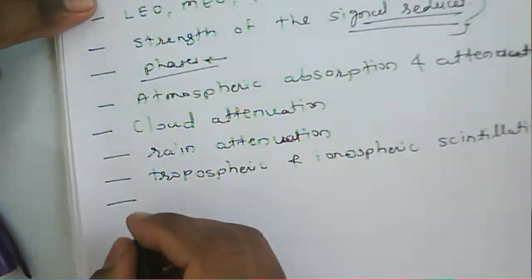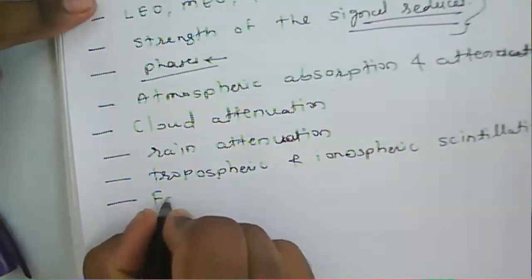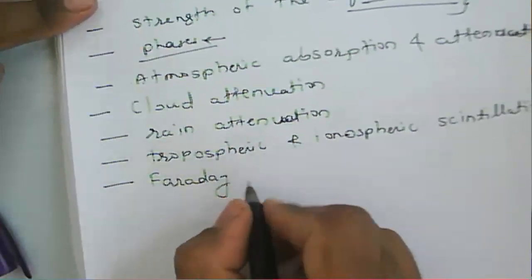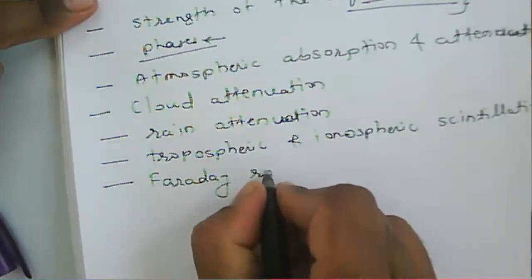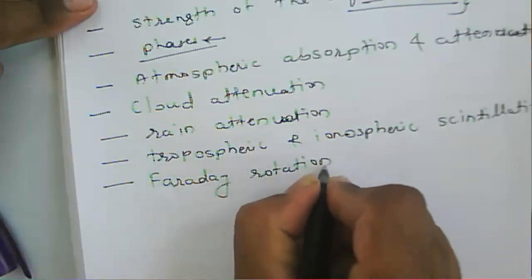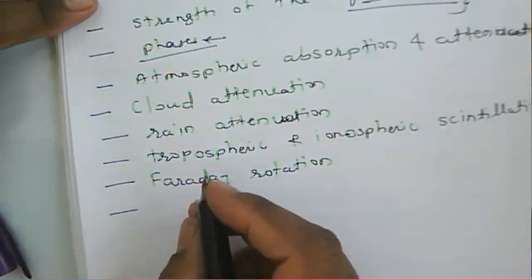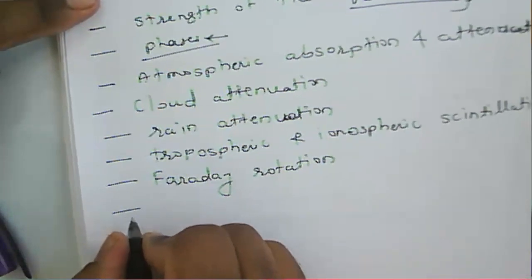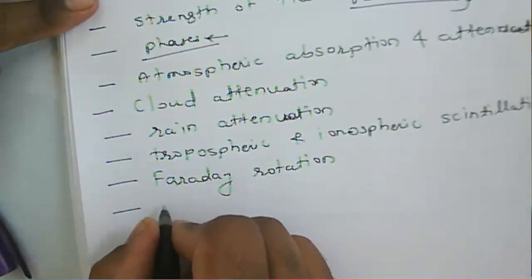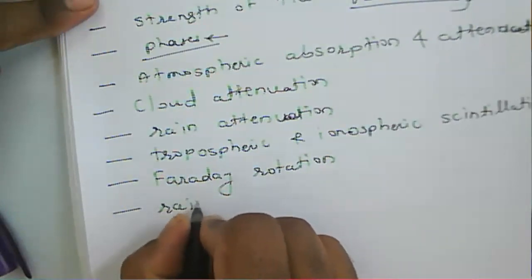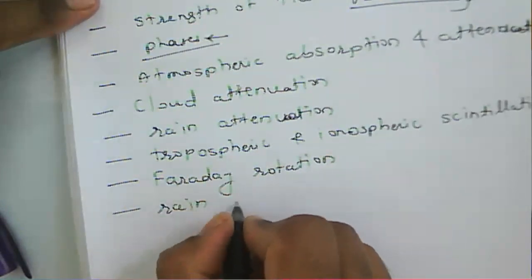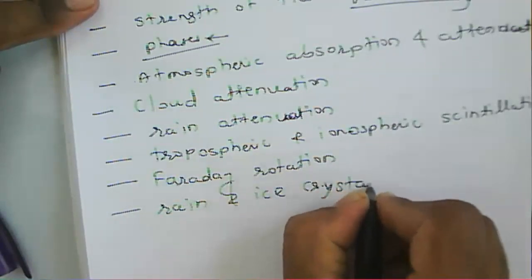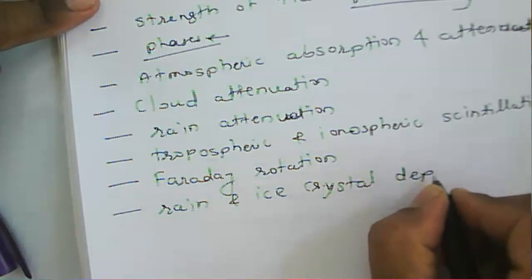There may also be changes in the position of the signal, which is about Faraday rotation, a position change of the signal. Another one is rain and ice crystal depolarization.